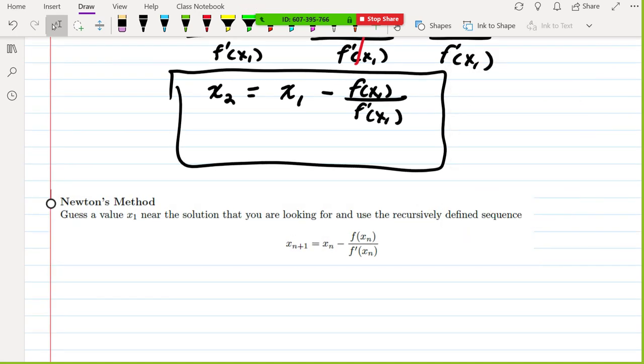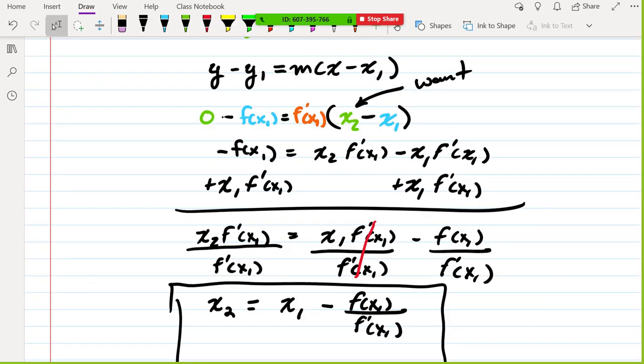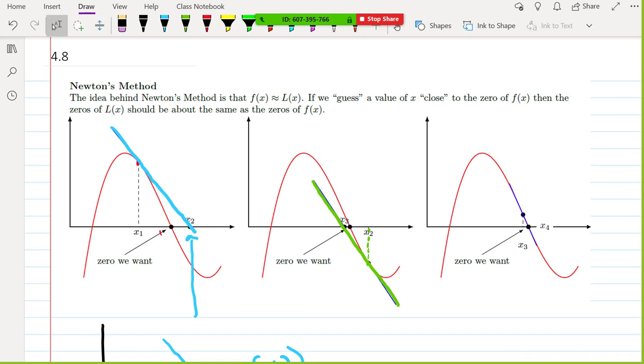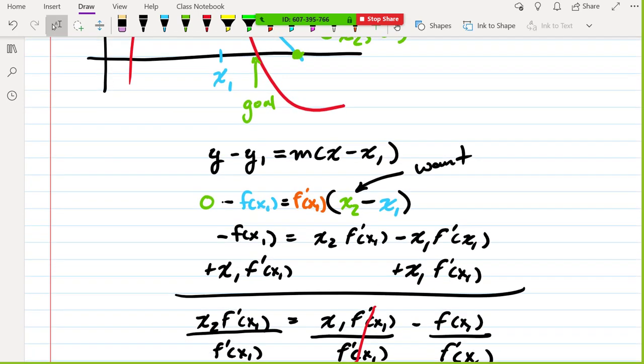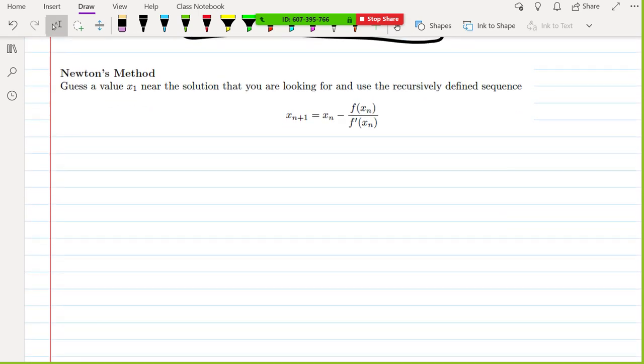So to get the next sequence member, x sub n plus 1, it's equal to the sequence member that came before minus the function evaluated at the previous sequence member divided by the derivative evaluated at the previous sequence member. And as we saw in this picture, as we iterate this process, our solution will hopefully get closer and closer and closer to what we're trying to find.